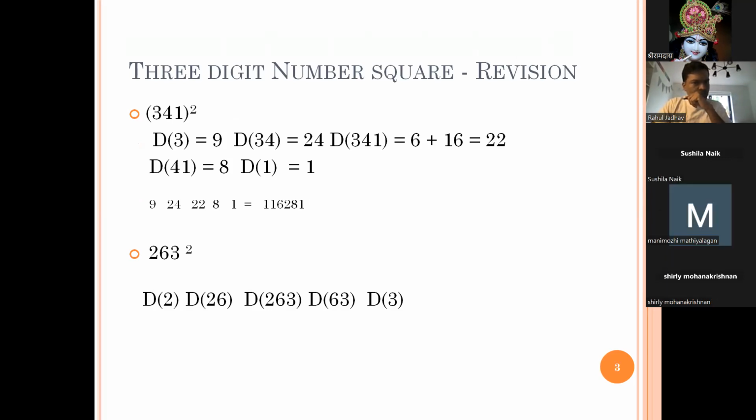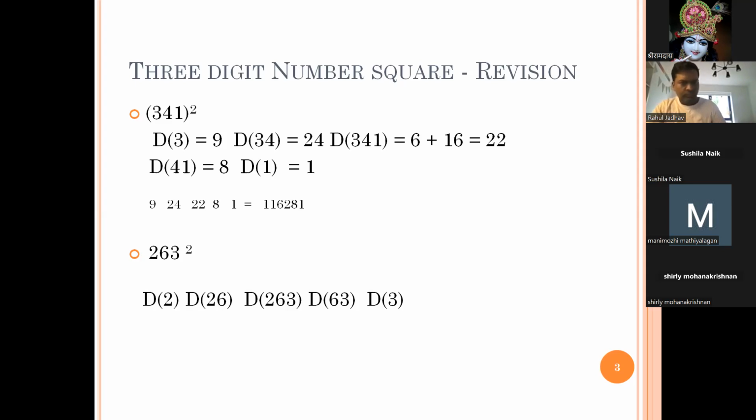Duplex of 1 digit is a number multiplied by itself. Duplex of 2 digits is 2 into the 2 digits, that is 2 into 3 into 4. Duplex of 3 digits is the outer 2 digits into 2 plus the middle number into the middle number. So 2 into 3 into 1 plus 2 into 4 into 4.